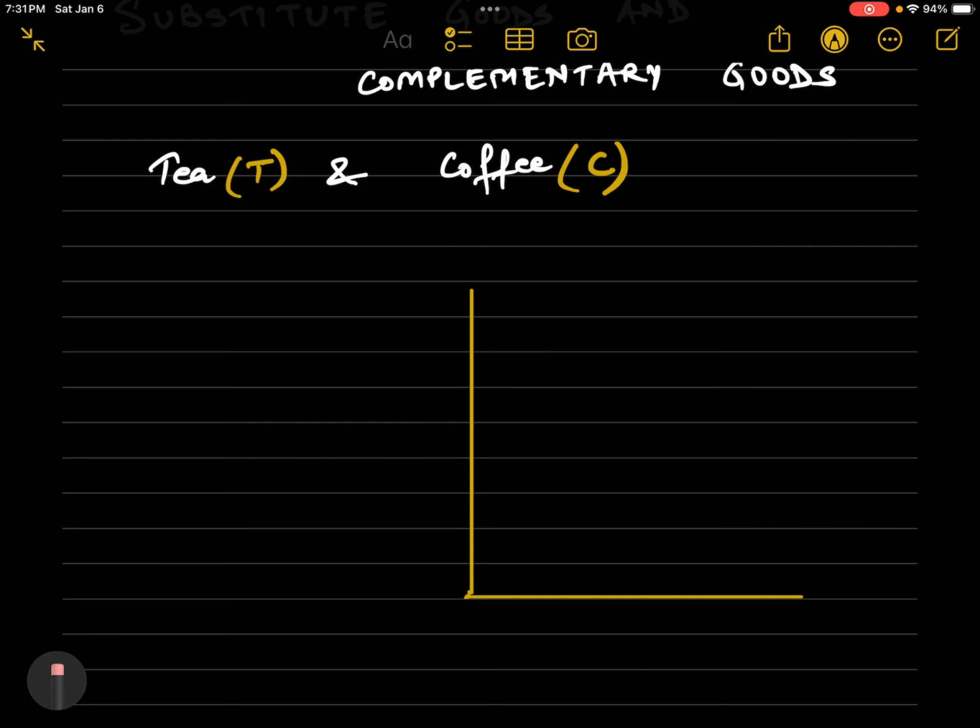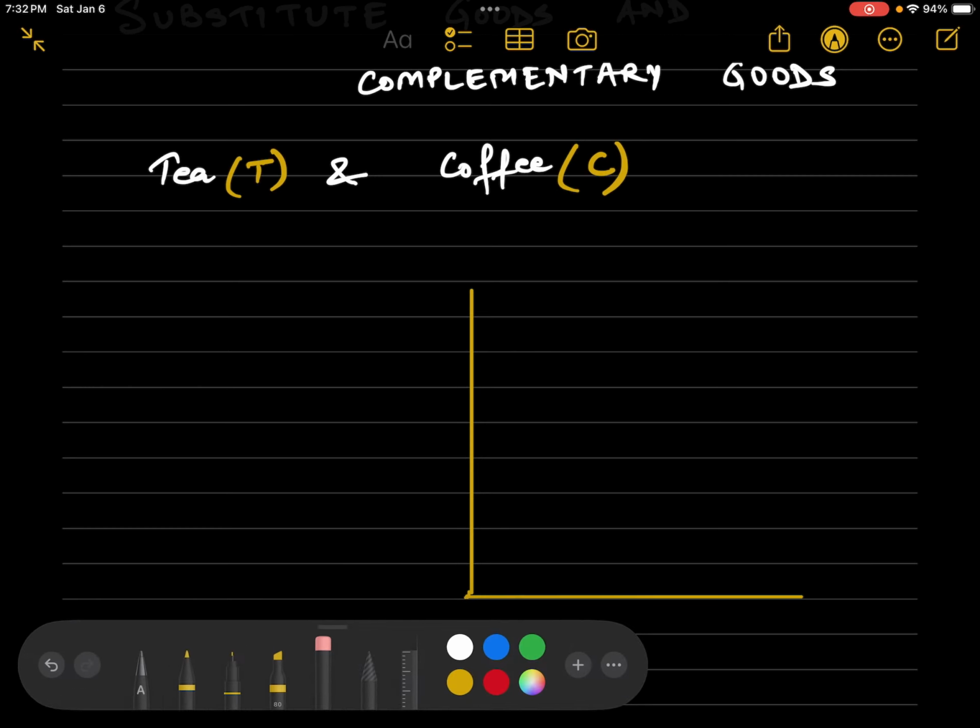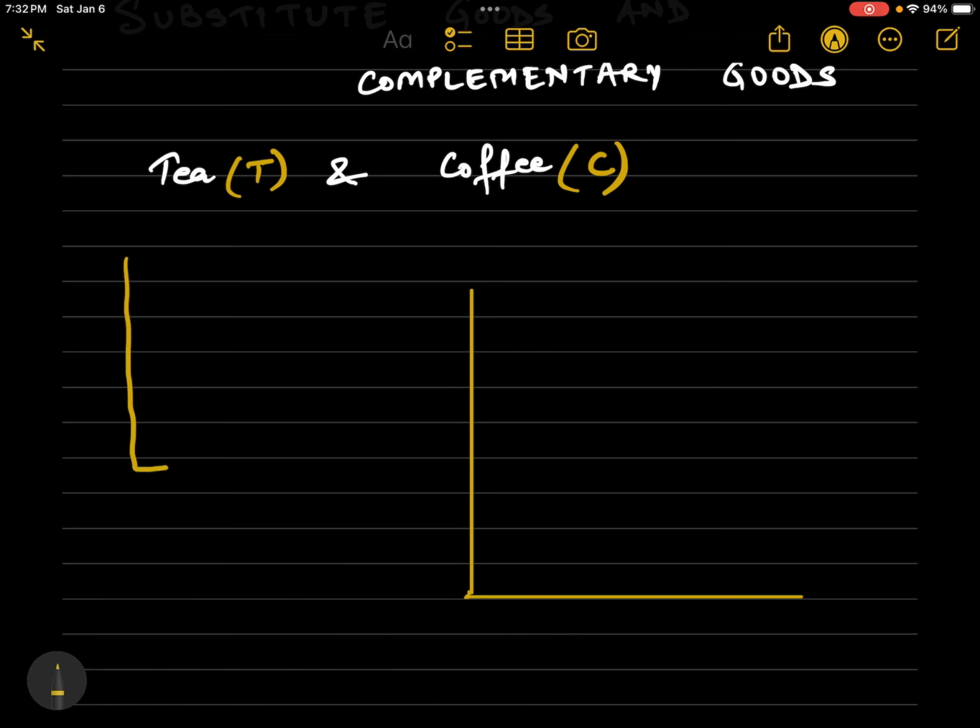In my previous video, where I talked about how to draw curves in economics, what their shapes are, and how to interpret them according to math, I told you that if we want to show a positive relationship between two variables, it's shown with an upward sloping curve.